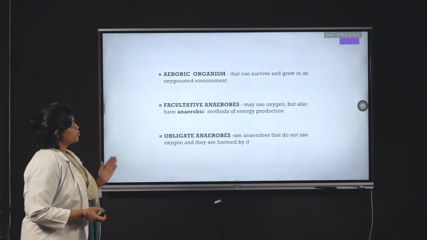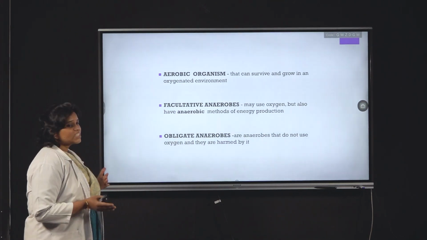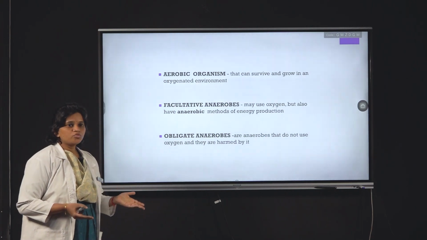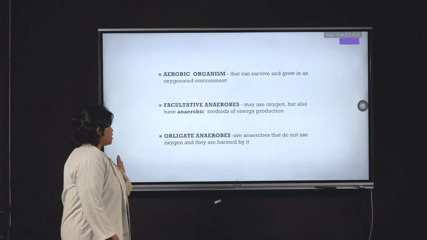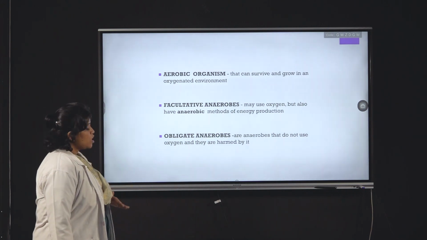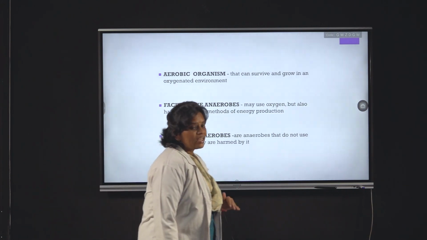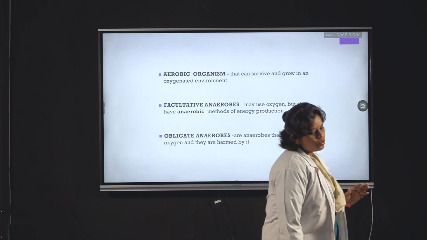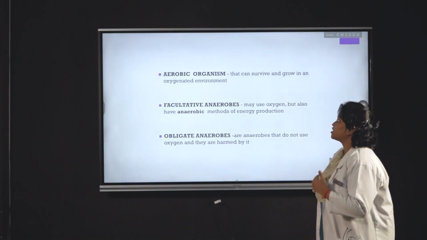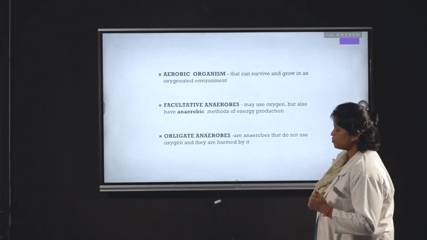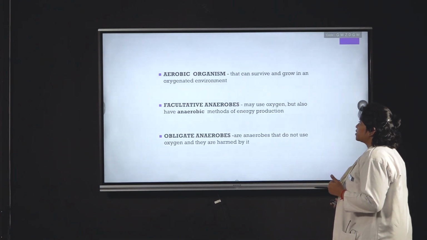That means facultative anaerobes can grow in the presence or absence of oxygen. Obligatory anaerobes grow strictly in the absence of oxygen. So these are the different types of organisms depending on oxygen presence.